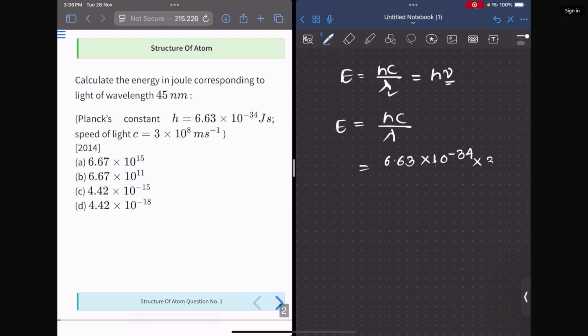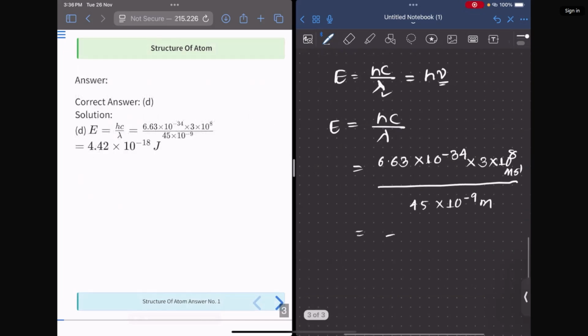So we'll put here 3 into 10 to the power 8 meter per second divided by the wavelength given, 45 nanometer. 45 nanometer means 45 into 10 to the minus 9 meter. After you solve this equation, you will get the answer 4.42 into 10 to the minus 18 joule. So option D is correct.